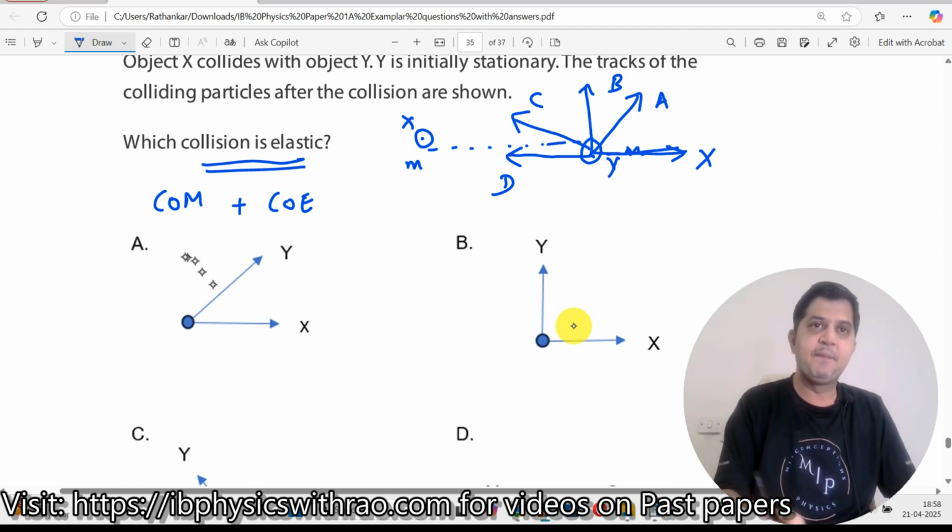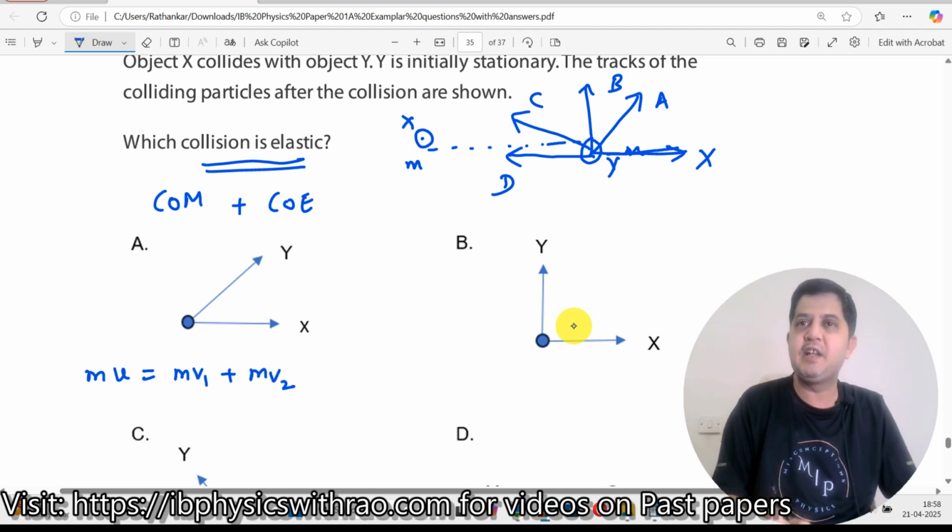Now, when you say conservation of momentum, what do we have here? We have a particle which is coming, hitting over here, and then it can go like this, whatever it is. So the initial momentum of this particle is mu. This should now be equal to, when this comes and hits over here, mv1 plus mv2.